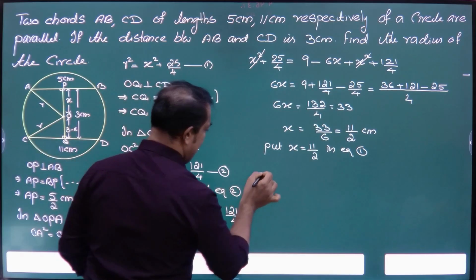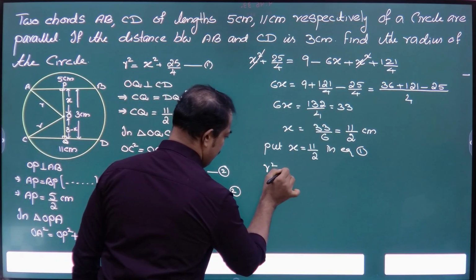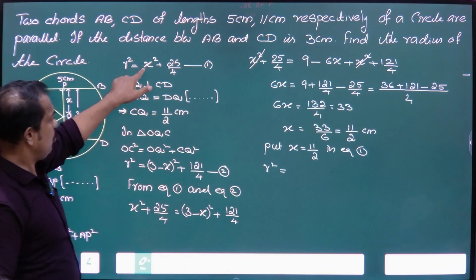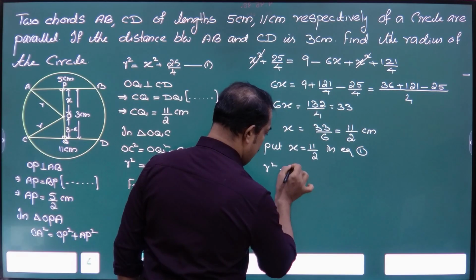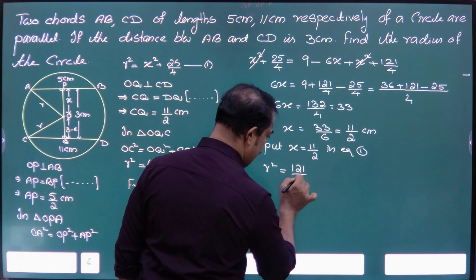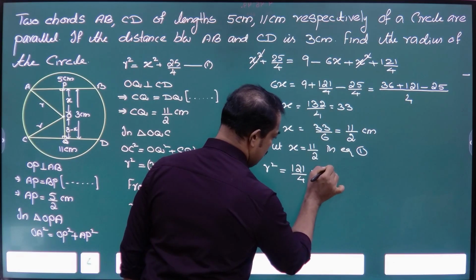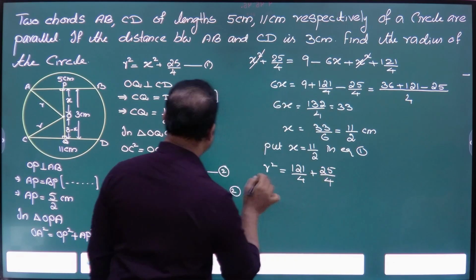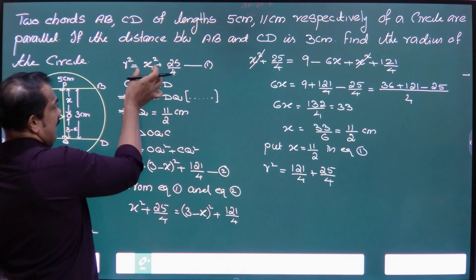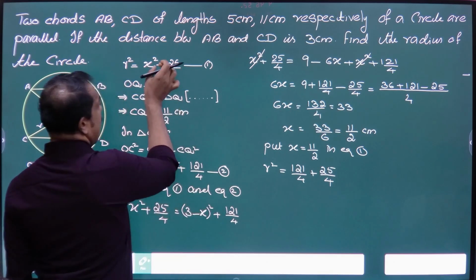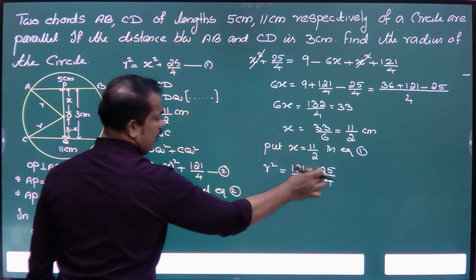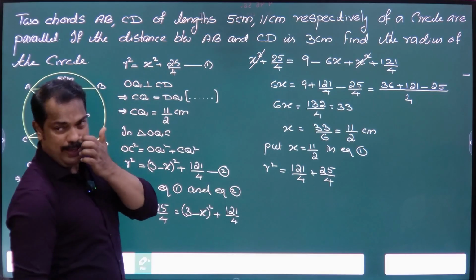So r square equal to x square. What is x? Its square is 121 by 4, plus 25 by 4.